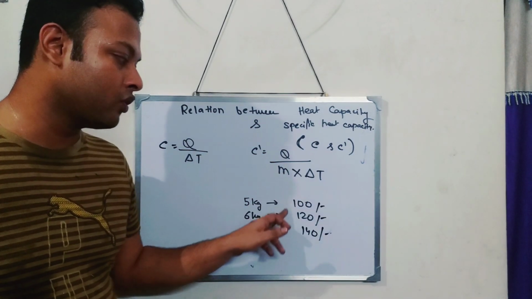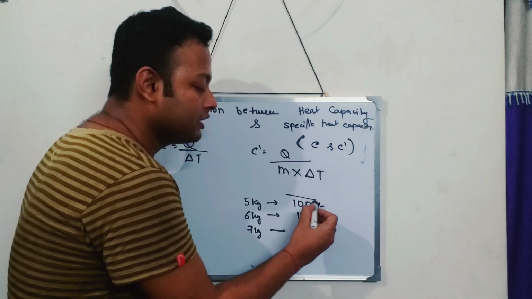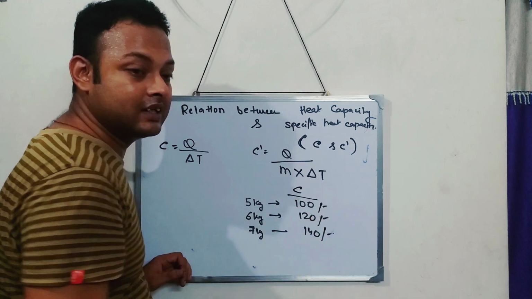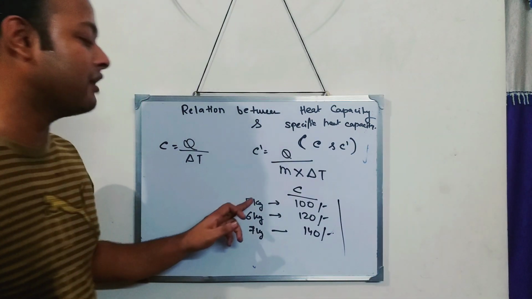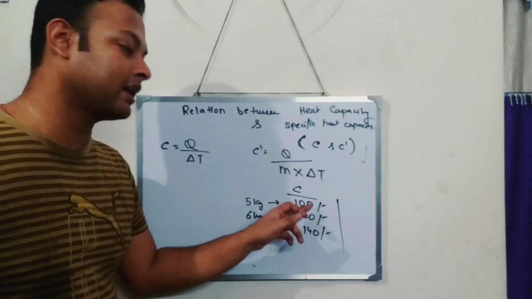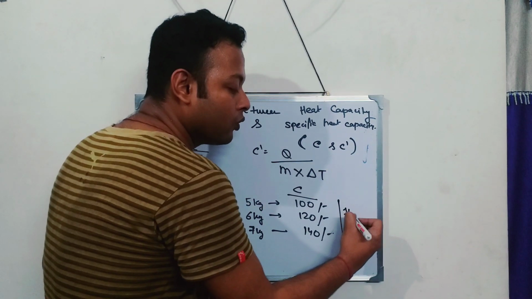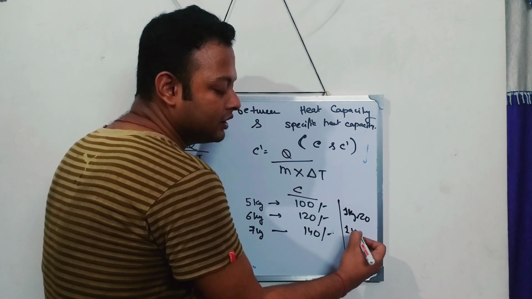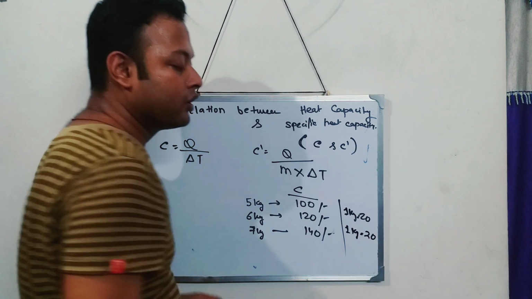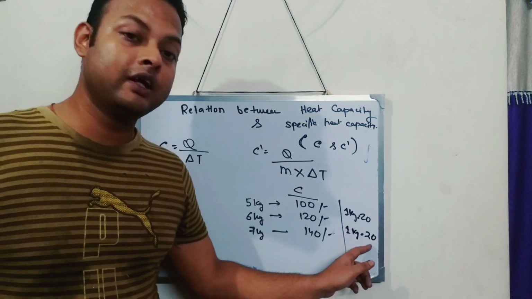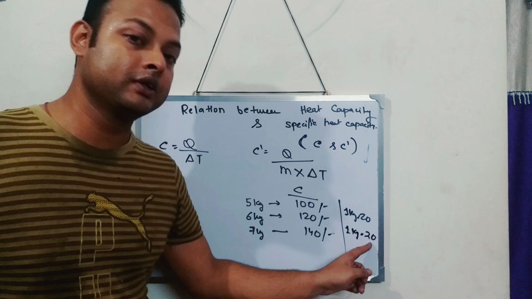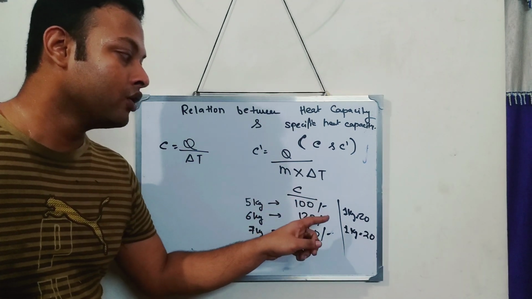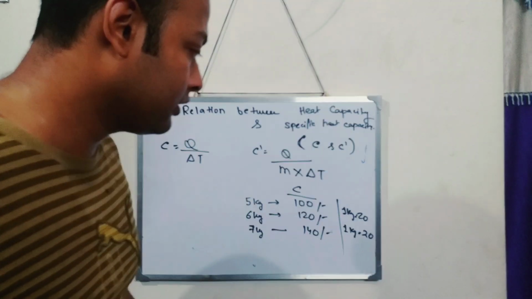So this price represents heat capacity, C. But if you consider 5 kg of rice at 100 rupees, what is the cost of 1 kg? 1 kg is 20 rupees. Over here also 6 kg is 120, so 1 kg is equal to 20 rupees. The price of 1 kg never changes; it is always fixed at 20 rupees.